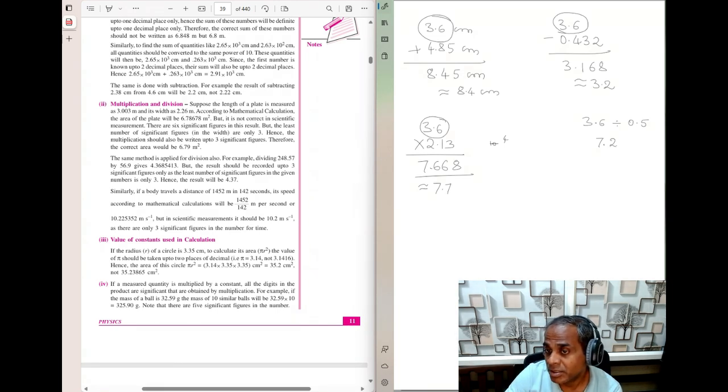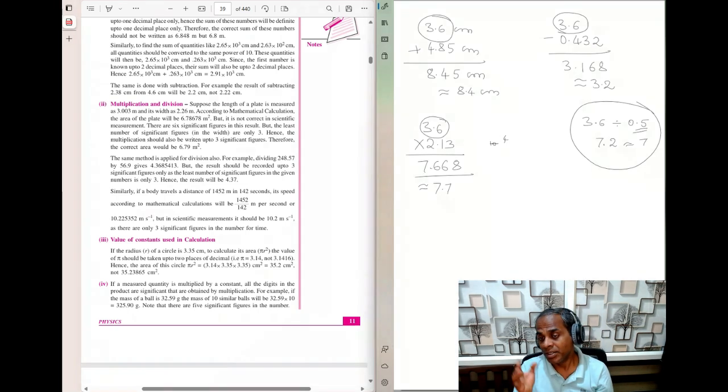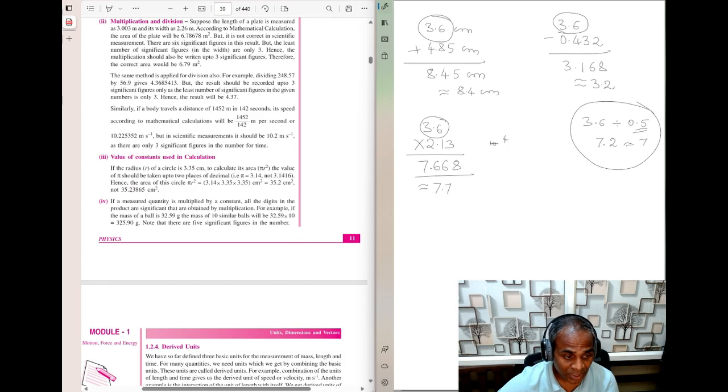Okay. It has two significant digits. We want only one significant digit, so it will be 7. This is how we perform calculations and round it off so that the final answer should have the same number of significant digits as the initial number out of the given inputs, right? That's what is explained here.